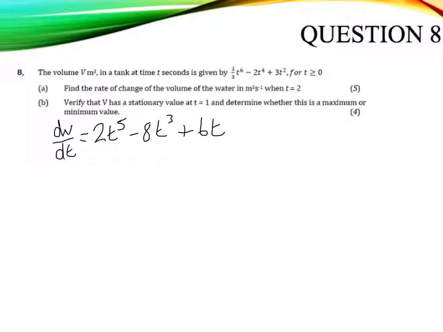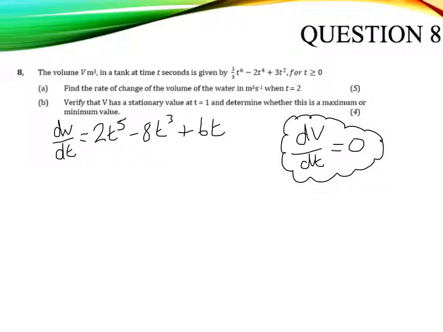Well, a stationary value occurs, in this case, when dv by dt equals 0. So this is when we get a stationary value. So I might start off by saying dv by dt equals 0 when stationary. And then if we substitute 1 in, we should get, fingers crossed, 0 coming out.